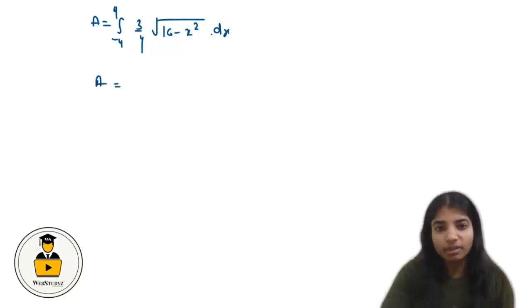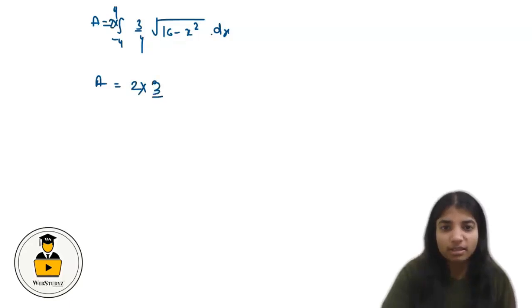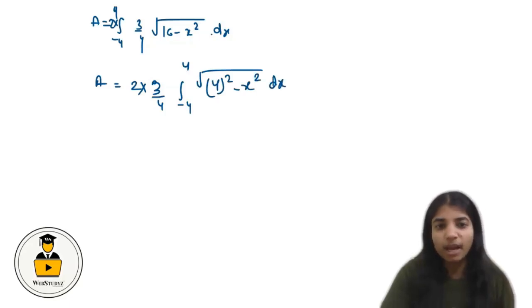A from here becomes equal to, since 2 is also multiplied here, 2 multiplied by 3 divided by 4, integral from minus 4 to plus 4 of under root of 16, which can be written as 4 square minus x square, which is further multiplied by dx.